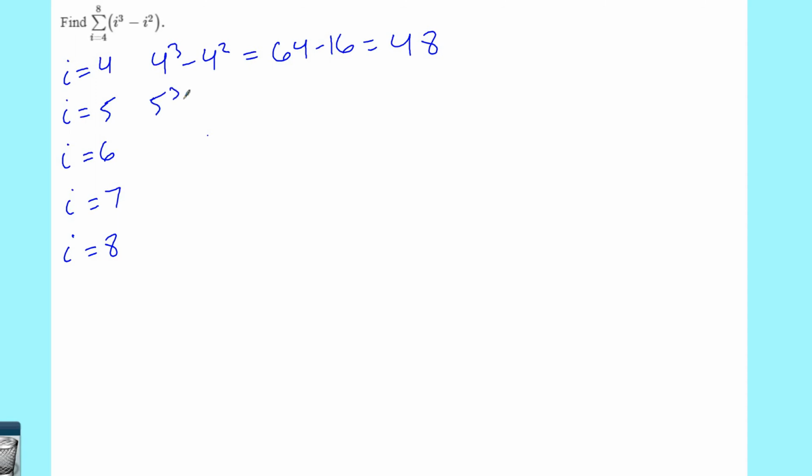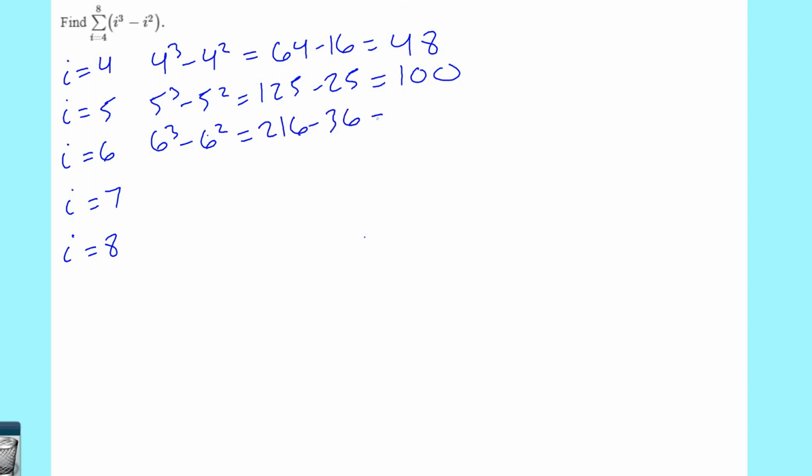Fifth term, 5 cubed minus 5 squared. 125 minus 25, that one's a lot nicer, 100. 6 cubed minus 6 squared is 216 minus 36. So what is that, 180? I really hope I'm doing this correct.